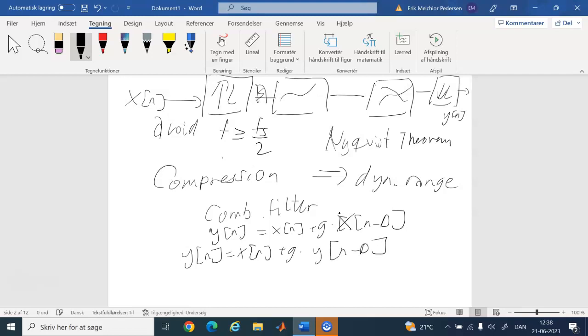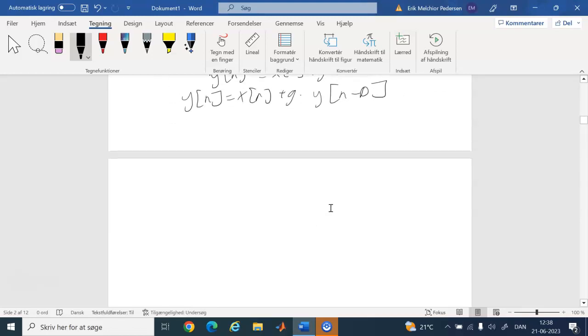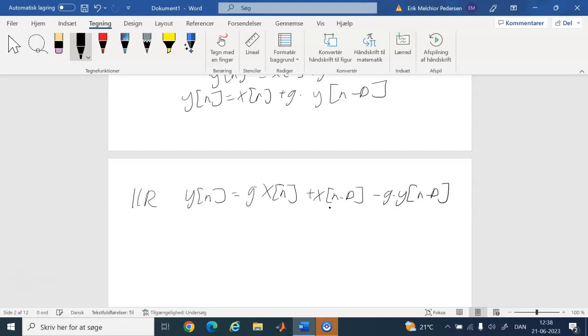And an IIR comb filter: yn is equal to xn minus d plus g times yn minus d. It could be nice to have this.